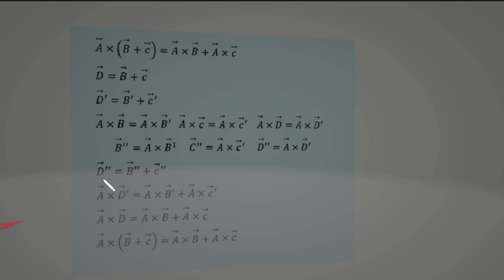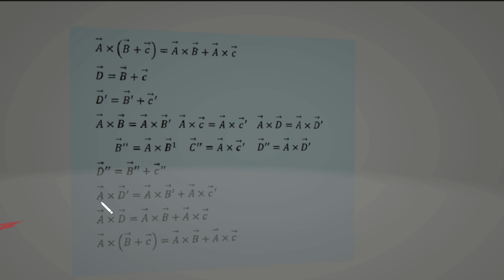Here D double prime bar we can write as A bar cross D prime bar, that is equivalent to B double prime bar. Now this B double prime bar we can write as A bar cross B prime bar, and C double prime bar is written as A bar cross C prime bar.